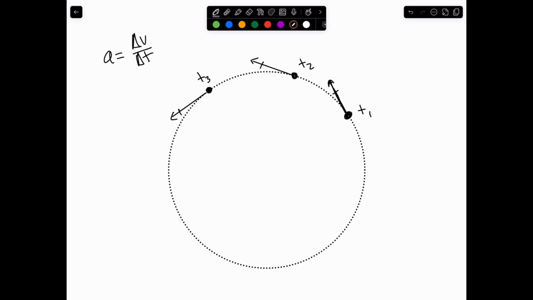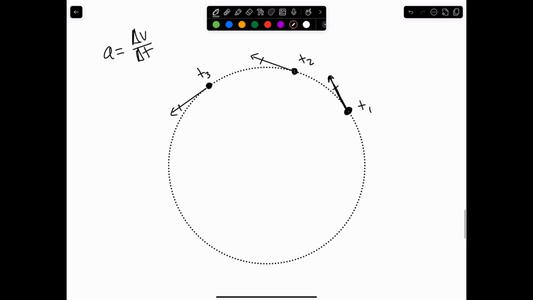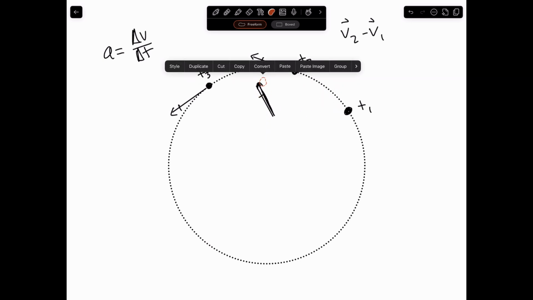Let's do the vector at t2 minus t1. And these are vectors, so I'll add the lines. In fact, I will call them v2 and v1, meaning this is v2 and this is v1. So we have our original v2 and we have v1, and I'm going to move it and reverse the direction.